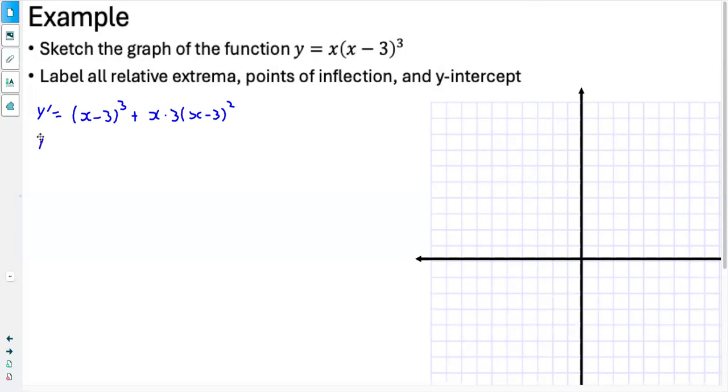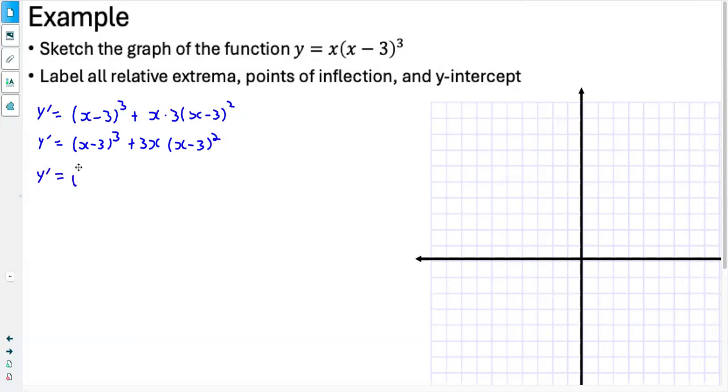We'll rewrite this a bit: y prime equals x minus 3 cubed plus 3x times x minus 3 squared. Now, we can see both terms have x minus 3 in them. Our lowest exponent is 2, so we'll factor that out of both terms.